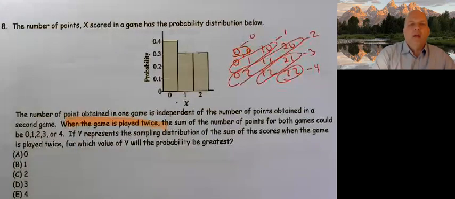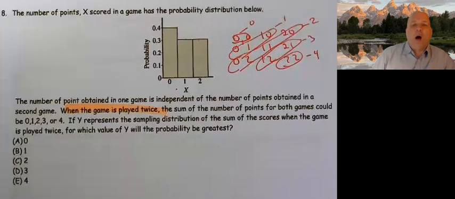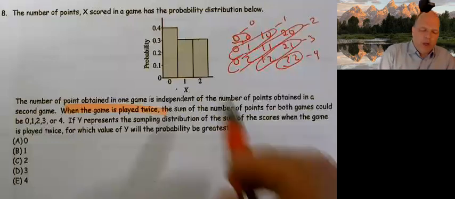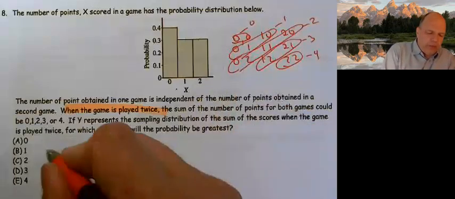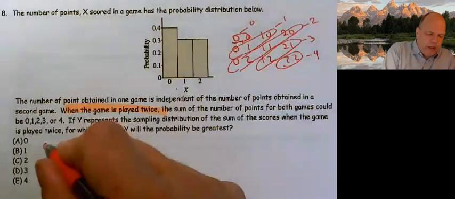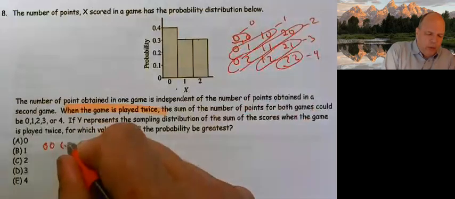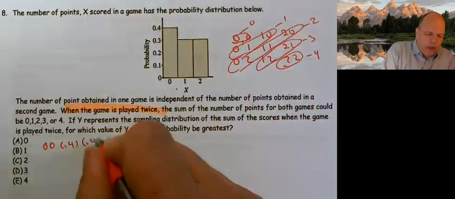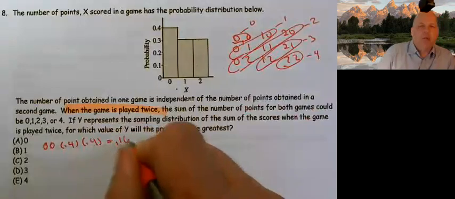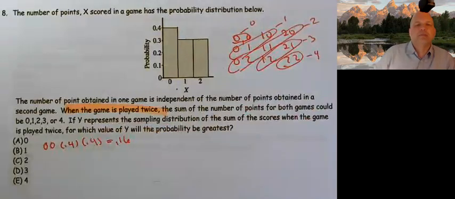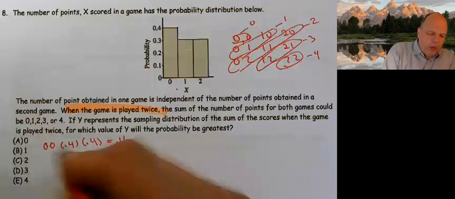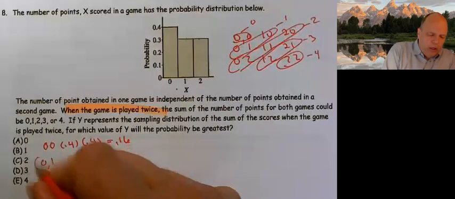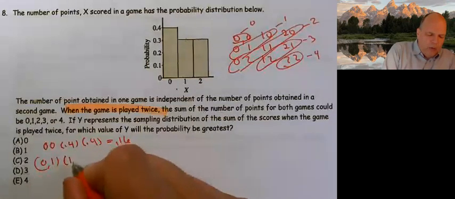So we want to know, if y represents the sum of the points in the two games played, for which value of y will the probability be the greatest? To get 0 points, I have to have a 0 and a 0, which means 0.4 times 0.4, and the probability of that happening is 0.16. To get 1 point, I have to have a 0, 1, or I could have a 1, 0.